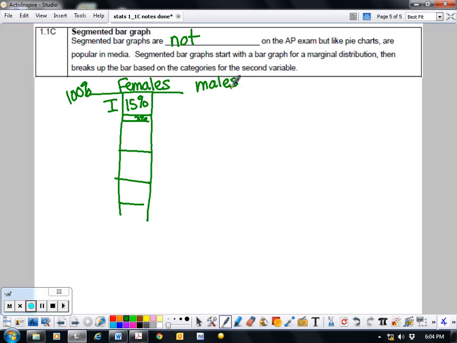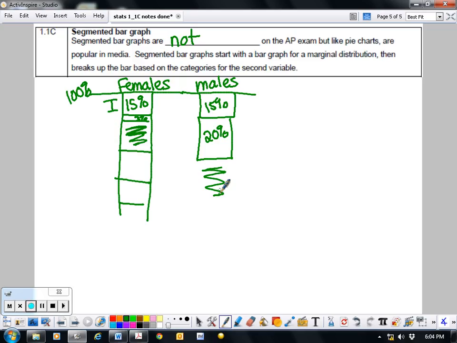The problem is it's really hard to compare these, because in males we'd get that 15%, but then we had like a 20%. It's hard to compare this box to this box down here, because they don't line up very well. It plays tricks on our eyes and makes us think there are not big differences when there are, or it may exaggerate those differences.